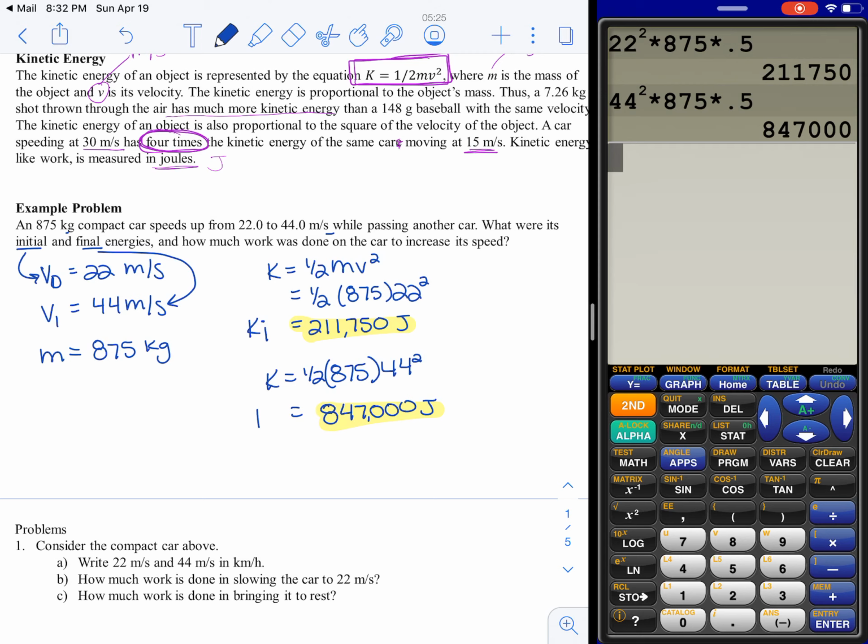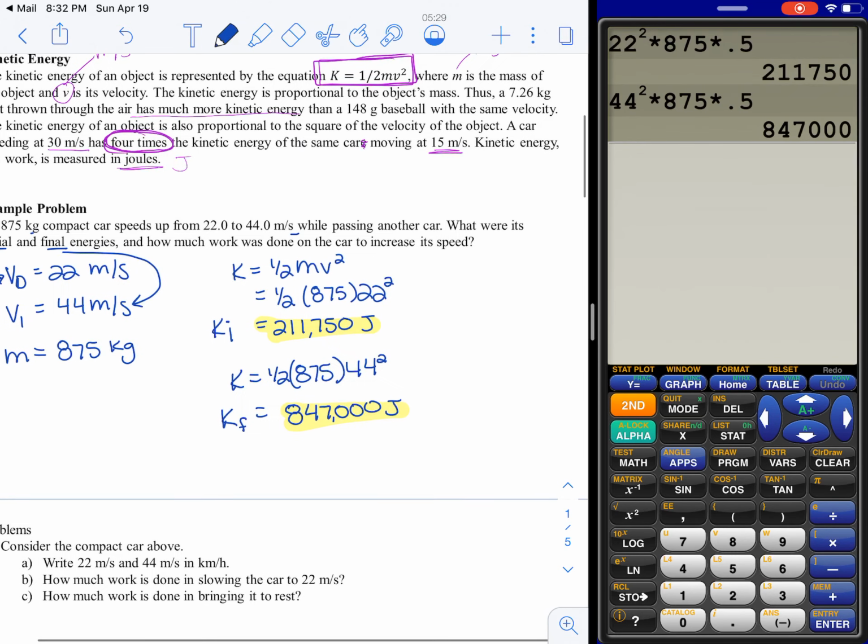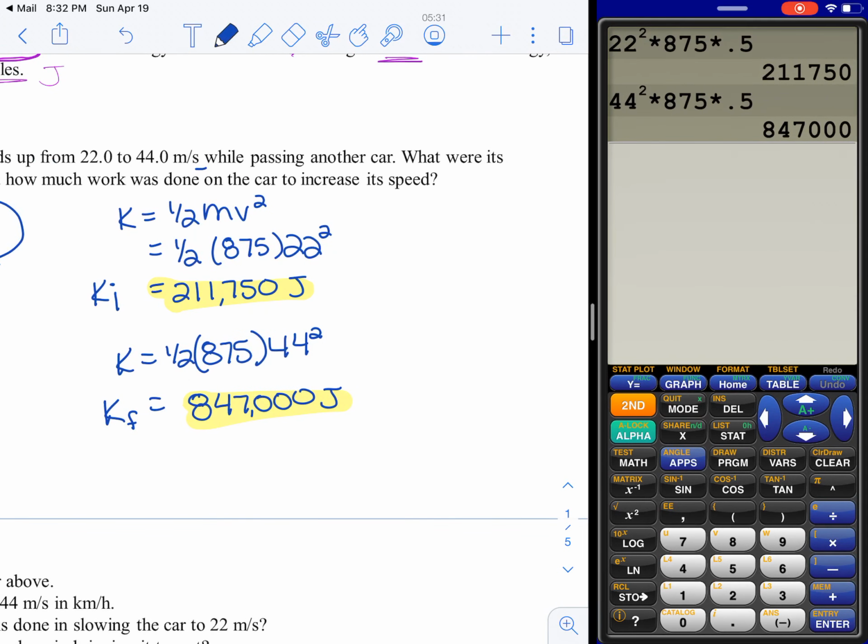So that answers the first question, how much work was done on the car to increase its speed? So the work done is going to be the difference between these two values. That's the energy that had to be added to increase its speed.